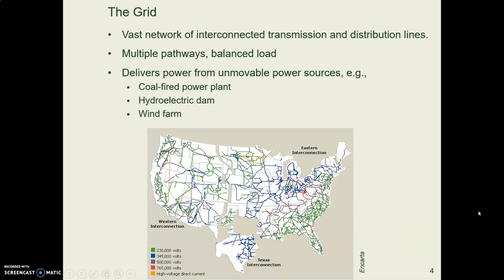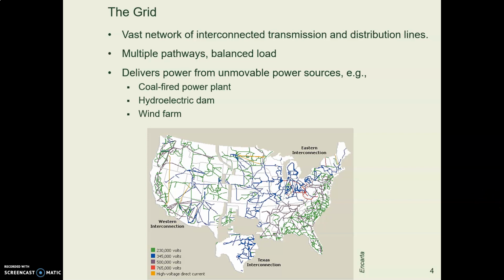Now all this goes out over what we call a grid. And the grid is this vast network of interconnected lines. And this has two main functions. First of all, we have some unmovable power sources, like Bonneville Dam on the Columbia River, like a giant wind farm in eastern Oregon. We can't move those, so these lines on the grid get power from there down to where people need them.